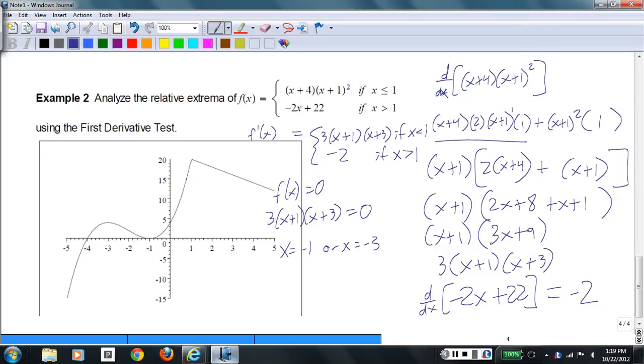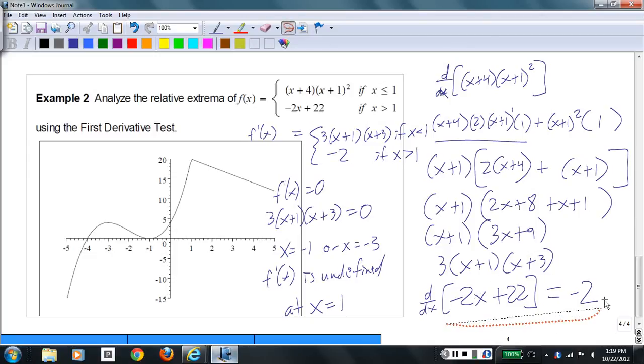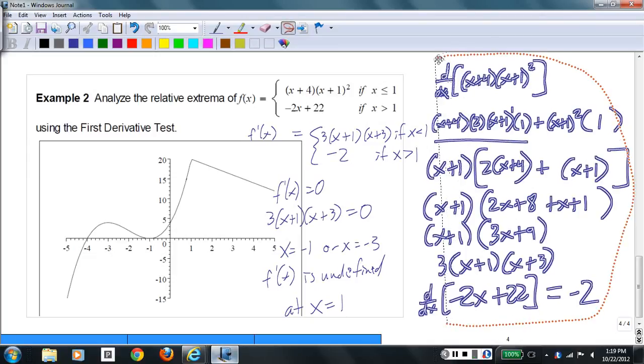But they're both less than 1, so it's good. The other one is 1 itself, because that's where f prime is undefined. f prime of x is undefined at x equals 1. So 3 critical numbers. What we want to do is apply the first derivative test at each of those critical numbers.